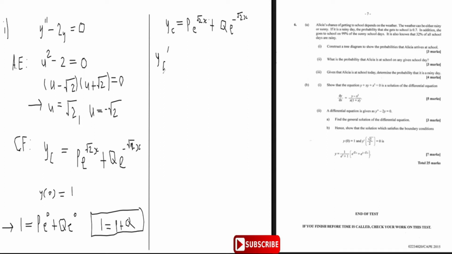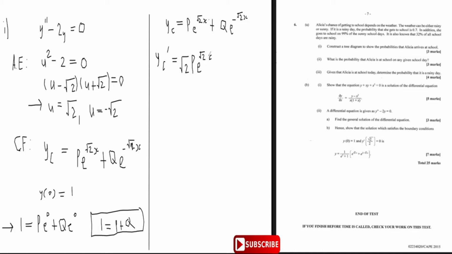When you differentiate this, how do you differentiate e to the root 2x? Differentiating that, you're going to get root 2p e to the root 2x.